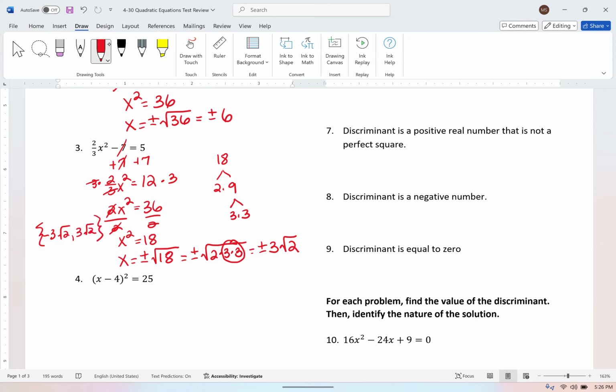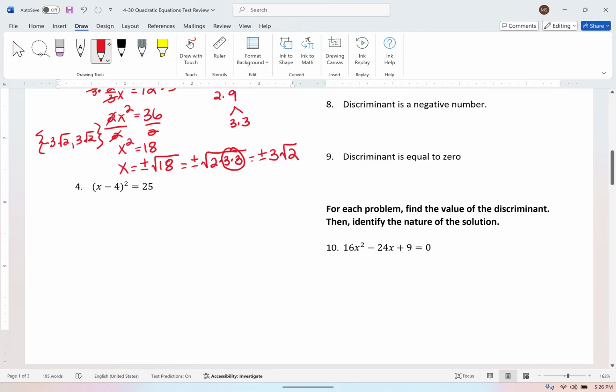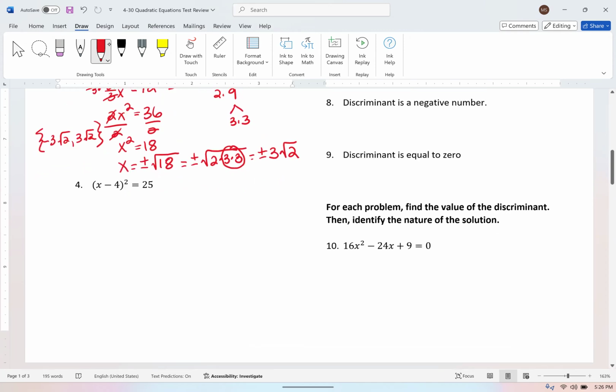All right. And continuing on, number 4. Okay, this one is a little different. We have a square in here. So the first thing I'm going to do is get rid of the square. A lot of times we get rid of the square last, but since it's on the outside of a parentheses, we're going to take the square root on this. Square root of 25 is 5, but it's plus or minus 5.